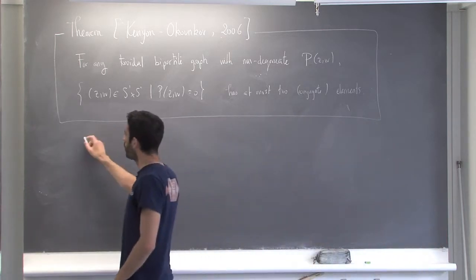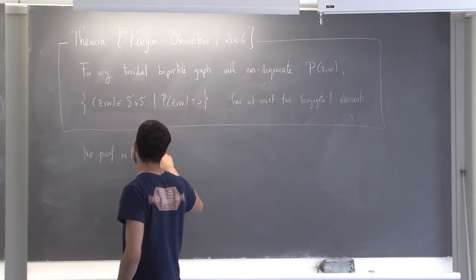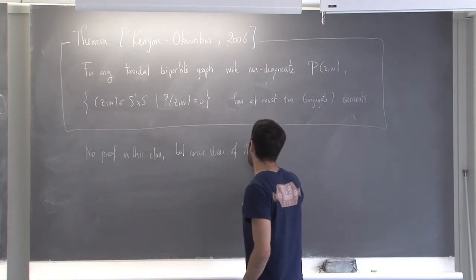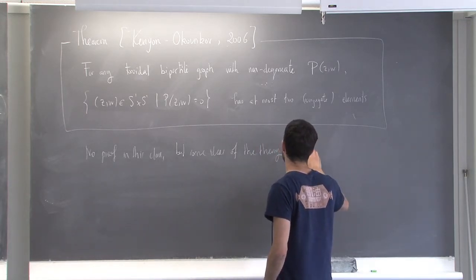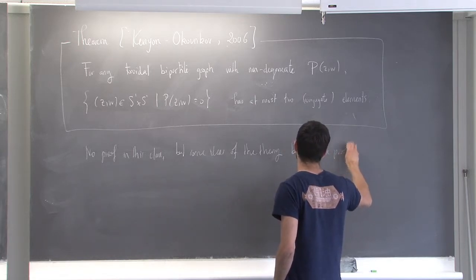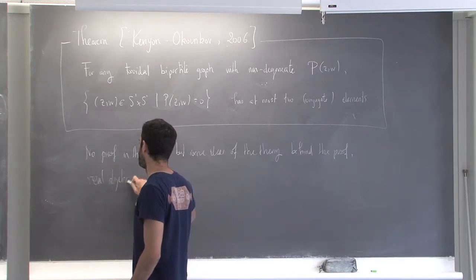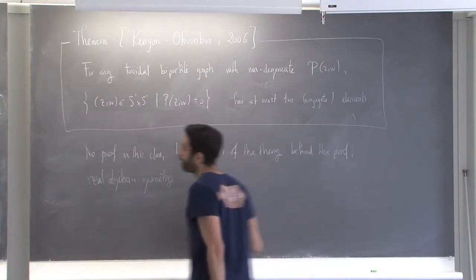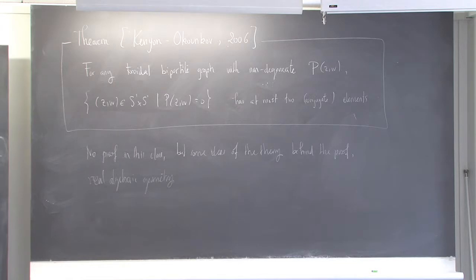So no proof in this class, but some ideas of the theory behind the proof, namely real algebraic geometry, in which I am by no means an expert, but I know just enough to explain to you a little bit why it's really quite an amazing result.